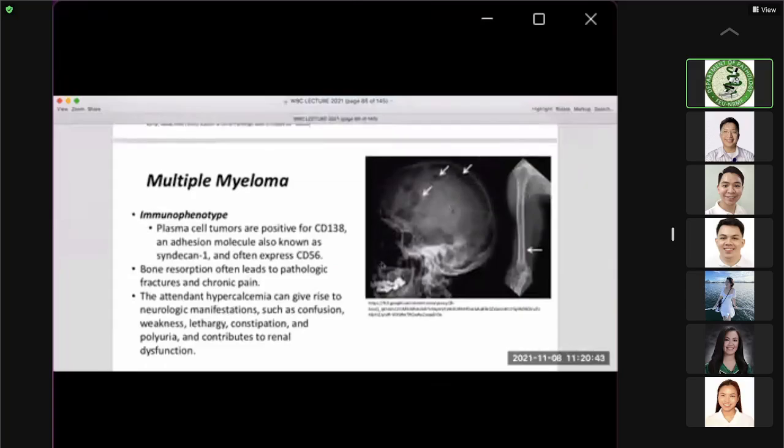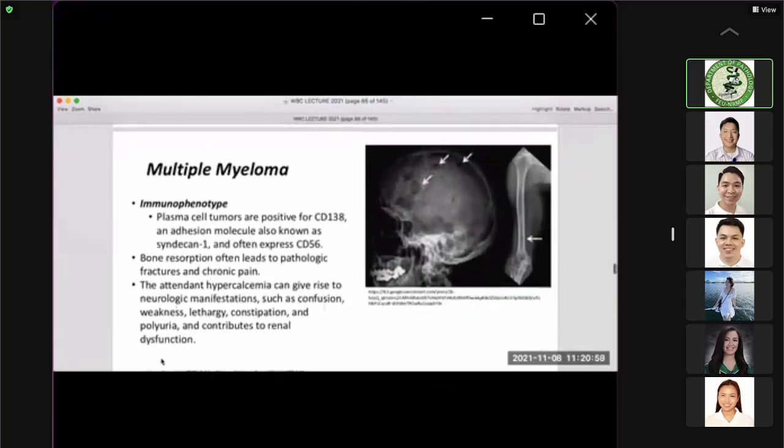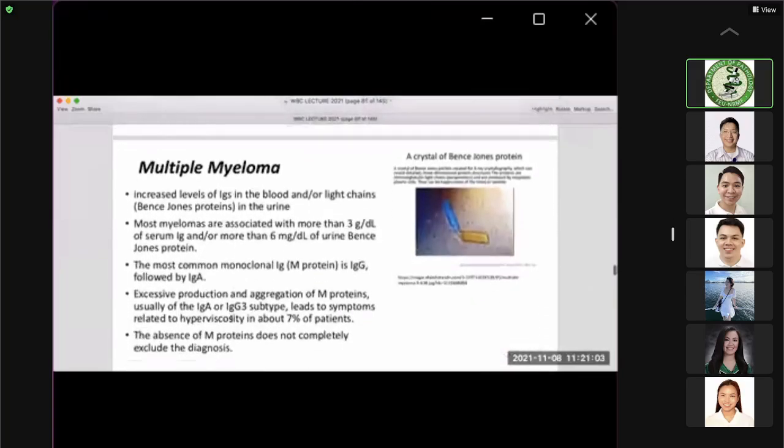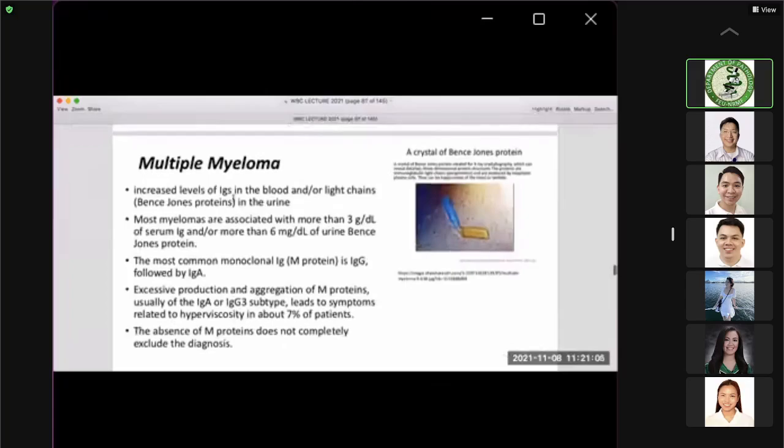So there is bone resorption, rather, no, that leads to pathologic fracture as well as chronic pain in the patient. And then of course, no, there is hypercalcemia that we observe in the patient, and then the other manifestations here. Okay, so there are increased levels of Igs in the blood, light chains in the urine as well.